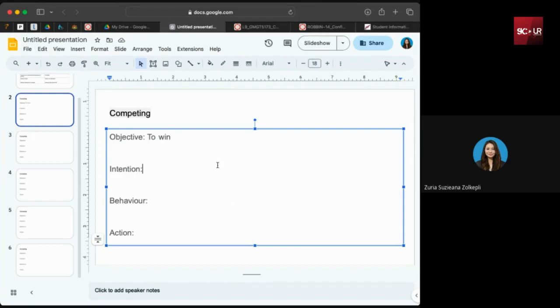So the intention is to pursue as much as they can in terms of their concern, in terms of their interest, without acknowledging other people's concern or interest.